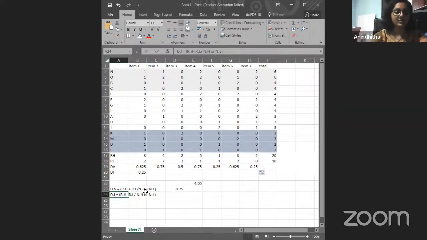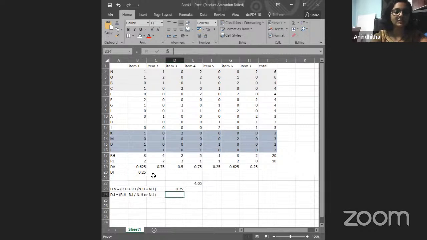So here we're obviously going to subtract these two values and divide by 4. That's what we're going to do. If you look at the formula that I've done here up top, it is sum B17 minus B18 divided by 4. That's what we've done here. So that's the value that we've gotten here, right?